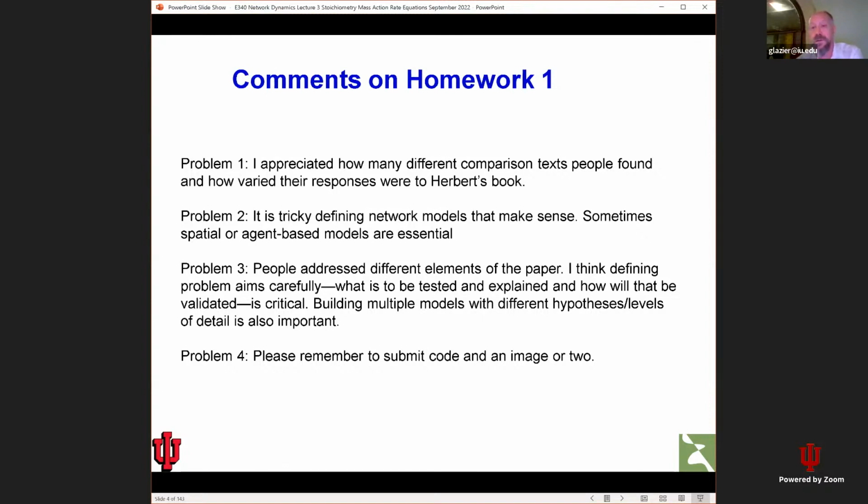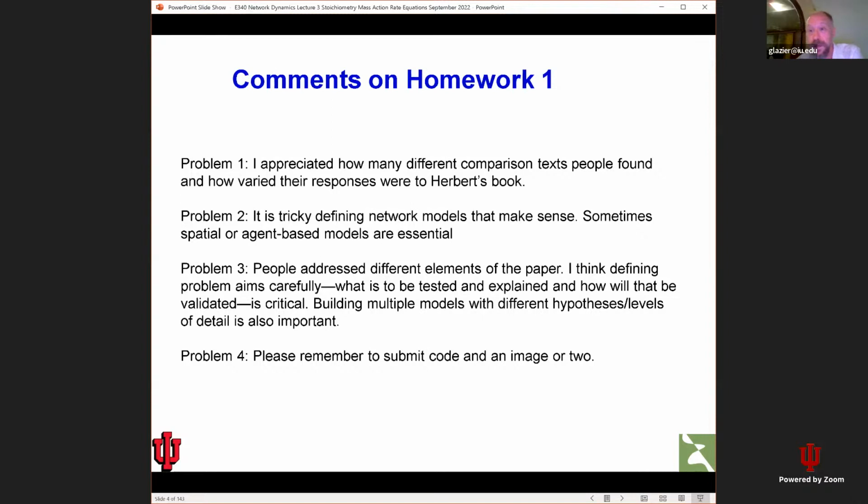There wasn't really a right or wrong answer for that first problem, but I was hoping that people would begin to think a little bit about how this kind of modeling works, what is useful. The second problem was everybody did something very interesting. I think that second problem is harder than it looks, perhaps.